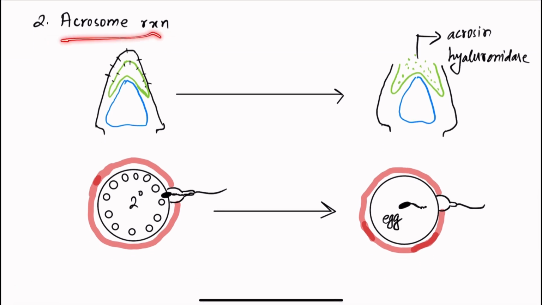In acrosomal reaction, attachment points are created on the plasma membrane as well as the acrosome membrane, which attach with one another, forming pores. From these pores, acrosin and hyaluronidase enzymes present inside the acrosome are released out. With the help of these enzymes, the sperm is finally able to penetrate through zona pellucida.